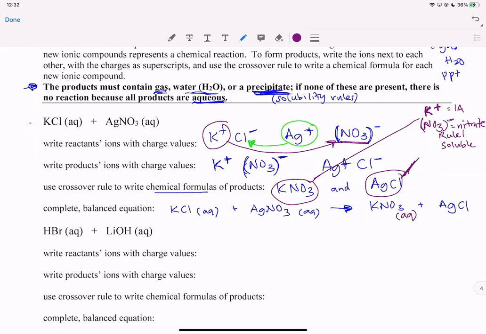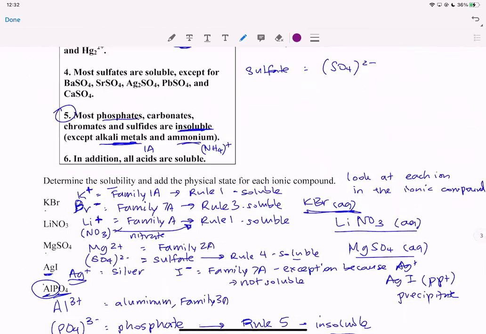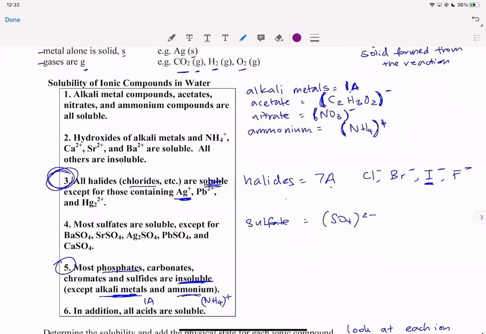But for AgCl, this is Ag plus and Cl minus. There's no rule for silver, but there is a rule for chloride. That's in family 7A. That's rule 3. Anything in rule 3, those are the halides. We looked at these that have silver.